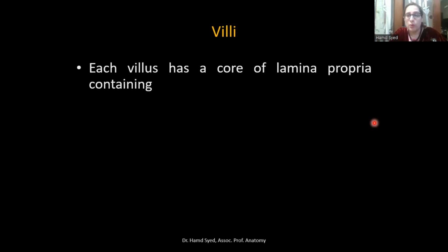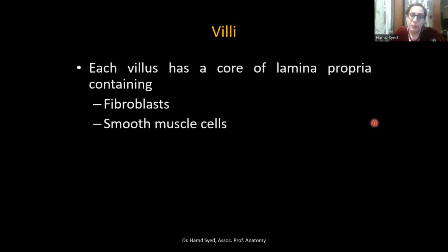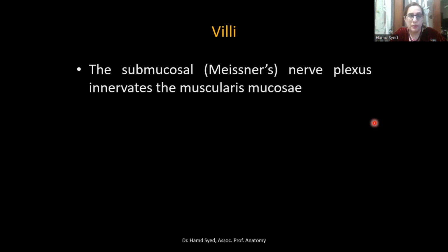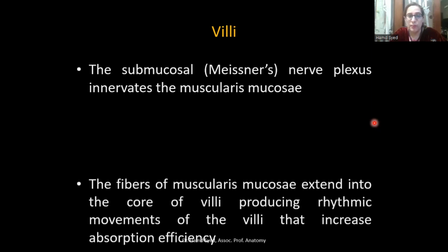Now, this lamina propria also contains some essential structures like fibroblasts. It has smooth muscle cells, it has lymphocytes and plasma cells. It also has blood capillaries and 1 or 2 lymphatic capillaries, which are known as lacteals. Also remember, the muscularis mucosae is supplied by the submucosal or the Meissner's nerve plexus.